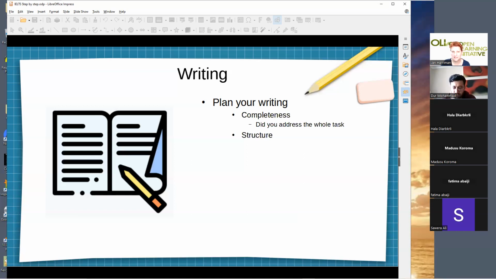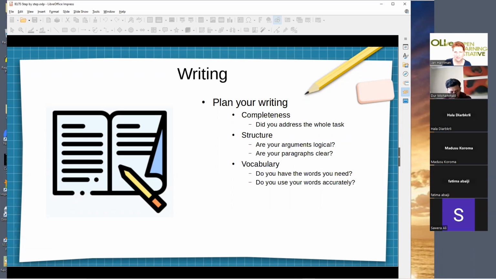Did you address the whole task? And structure. Did you organize your writing? And is it logical? Half of your mark happens before you write the first sentence of your essay. And do you have clear paragraphs?